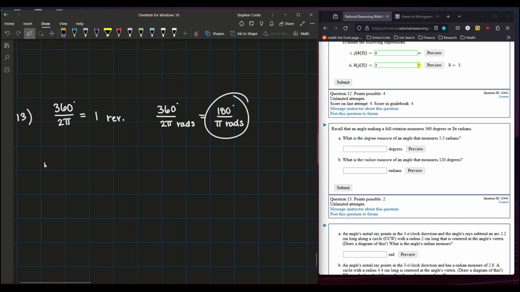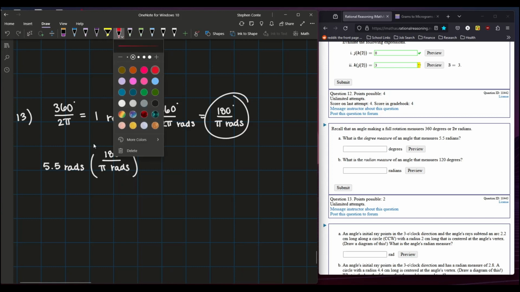So if I have 5.5 radians and I want to convert to degrees, we'll use dimensional analysis again. I want to have the unit that I want in the numerator and the unit that I'm getting rid of in the denominator. So I'm multiplying by radians, and radians is in the denominator from our conversion factor, right?